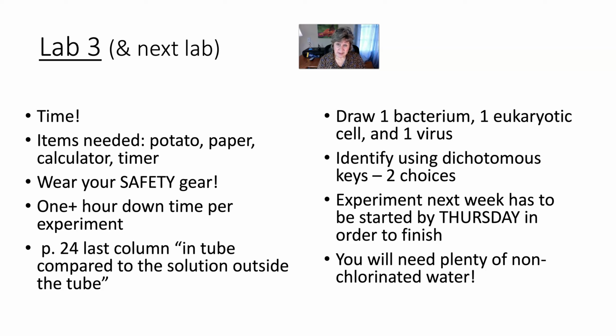A dichotomous key is one where you have two choices. So in the virus identification, it could say, is this a DNA virus or an RNA virus? And if it's DNA, go to 2A. And if it's an RNA virus, you go to 2B.